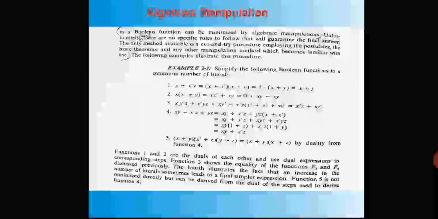Why is it like that? Again, try that postulate and that procedure. Now ultimately what they have done is eliminate yz itself. They got xy plus x' z. See how beautifully they have done that.